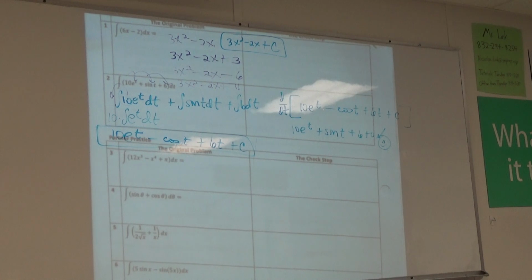It has to be something to the power of 5. 4 over 5.